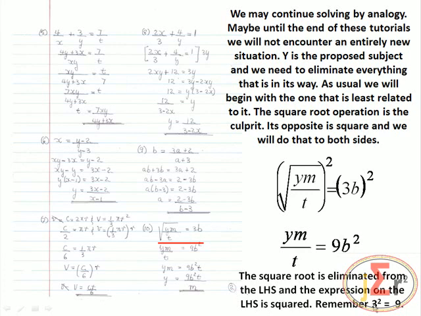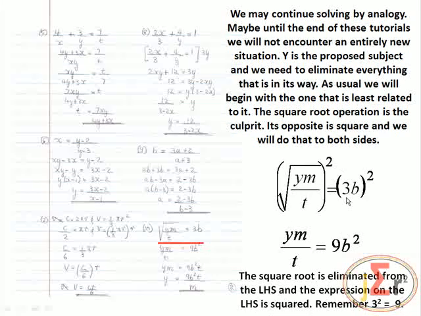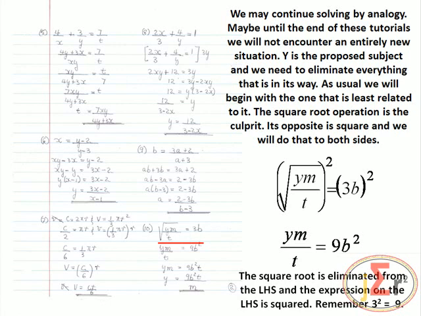Remember, 3 squared is equal to 9. So some students will put 3b squared again, not squaring the 3. Everything has to be squared, including that 3. I realize that students generally do this. They do not square coefficients much, but you need to know that the coefficients should be squared if the entire term has to be squared.